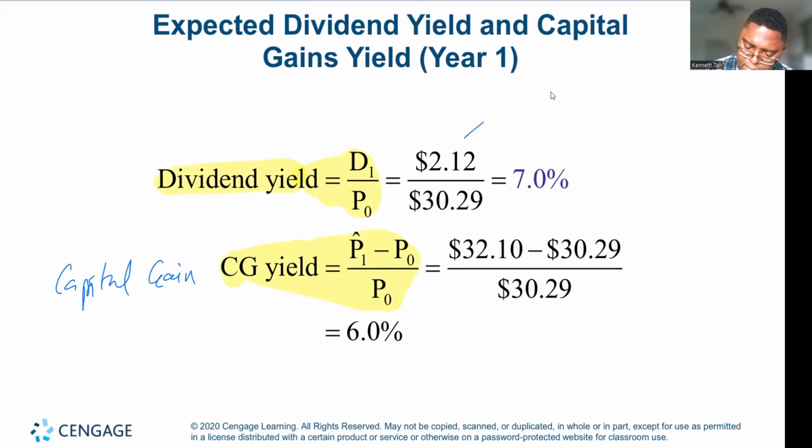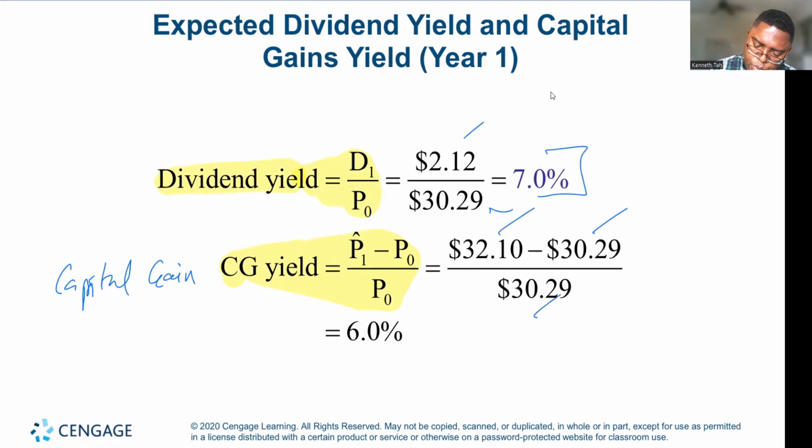So D1 is given as 2.12, P0 is 30.29. So that gives us a dividend yield of 7%. So initially, this was the price. We have moved from 30.29 to 32.10, divided by 30.29.